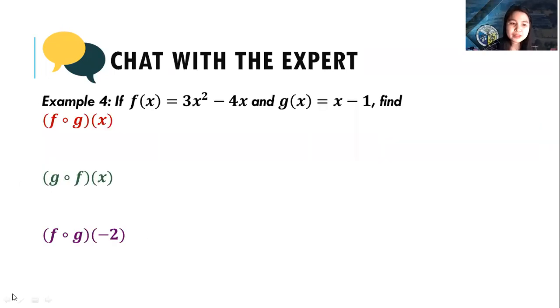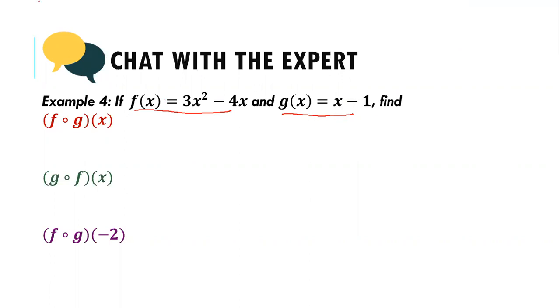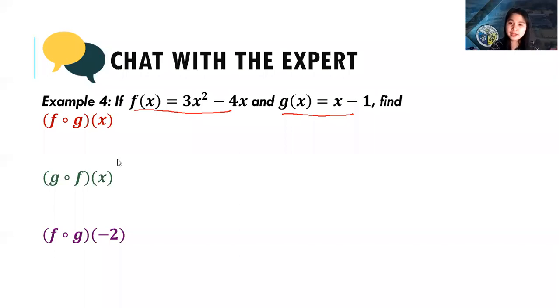Ready? The first given function is f of x equals 3x squared minus 4x. The second one is g of x equals x minus 1. Now, in the first one, we have f composed with g.